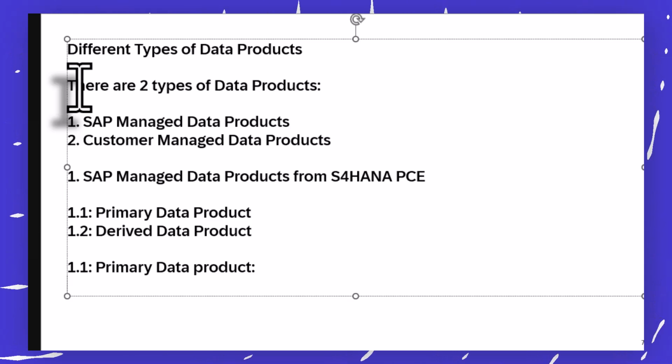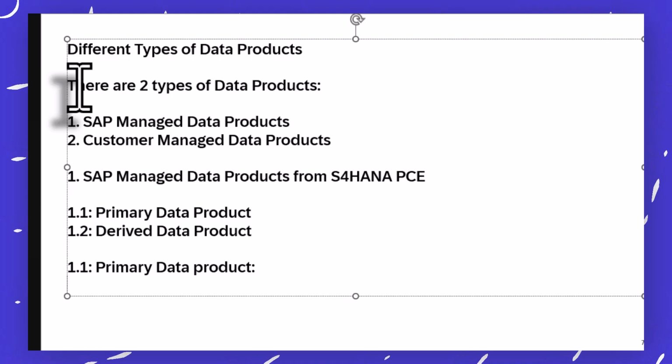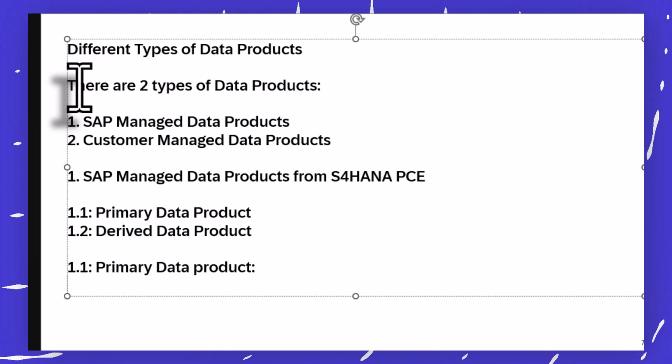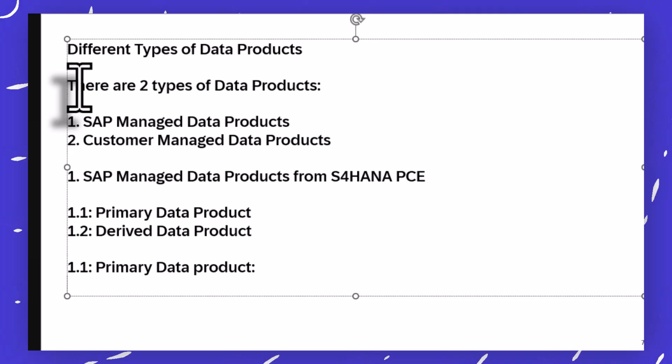SAP also provides documentation about each data product: what is its purpose, what is the underlying CDS view, what is the underlying table, and what are the columns. All those things you can see in the Business Accelerator Hub. Let me show you how.